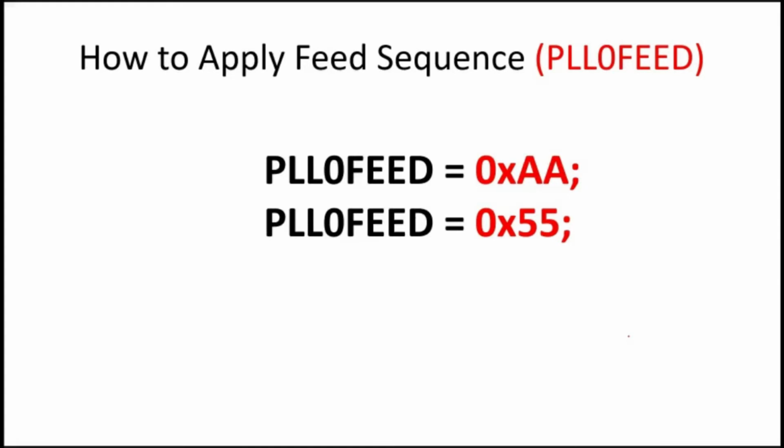So what is the feed sequence? I have already given you an ATM example. The feed sequence is some kind of a security key that you are providing to the microcontroller in order to access secure resources. Your internal PLL is a very secure resource.